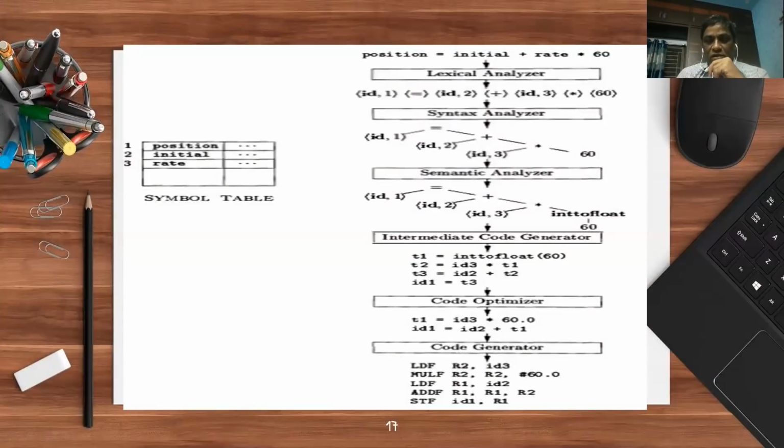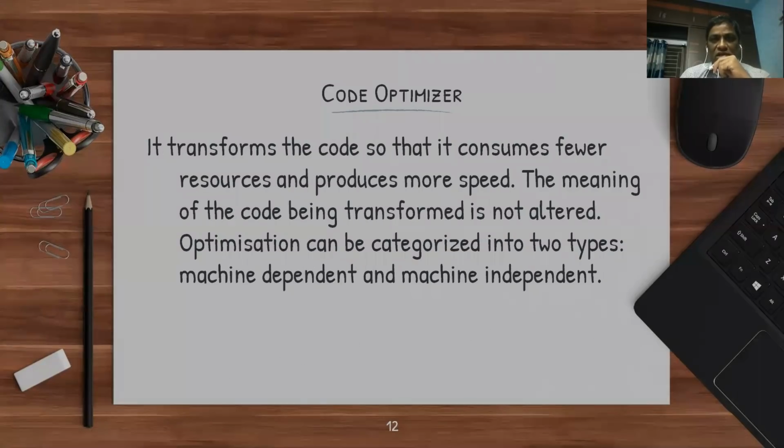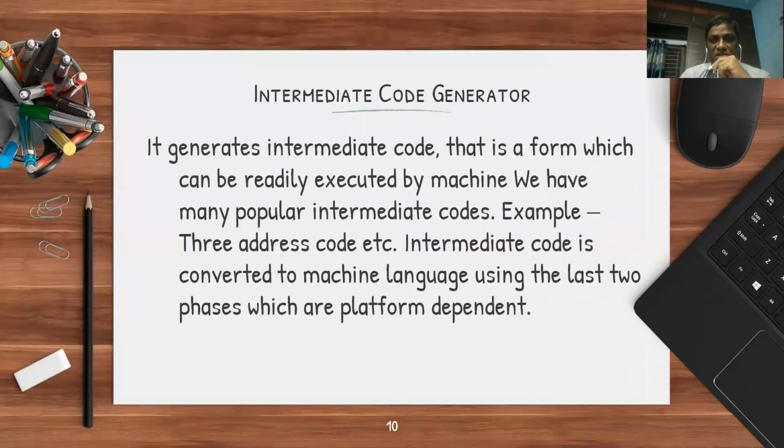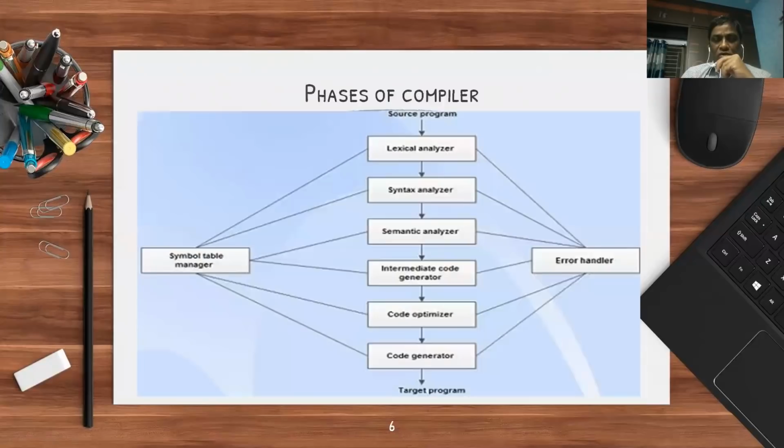Just before I conclude, go back to the list of phases of the compiler again. Try to remember the names, because we will learn about all these phases throughout this subject. Just go through this: lexical analyzer, syntax analyzer, semantic analyzer, intermediate code generator, code optimization, and code generator, along with the error handler and symbol table manager.